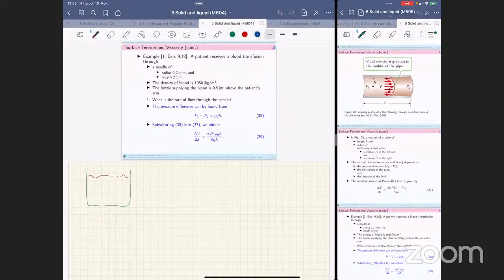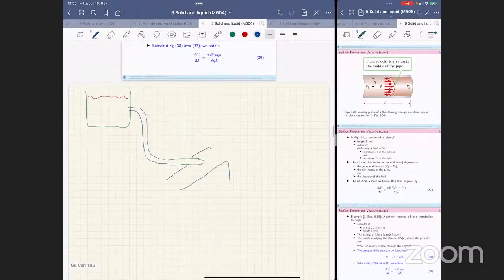And we connect it through some pipe. But the pipe is not the main consideration. We have here the needle. The needle is a very small thing, right? And it is inserted in the human arm.